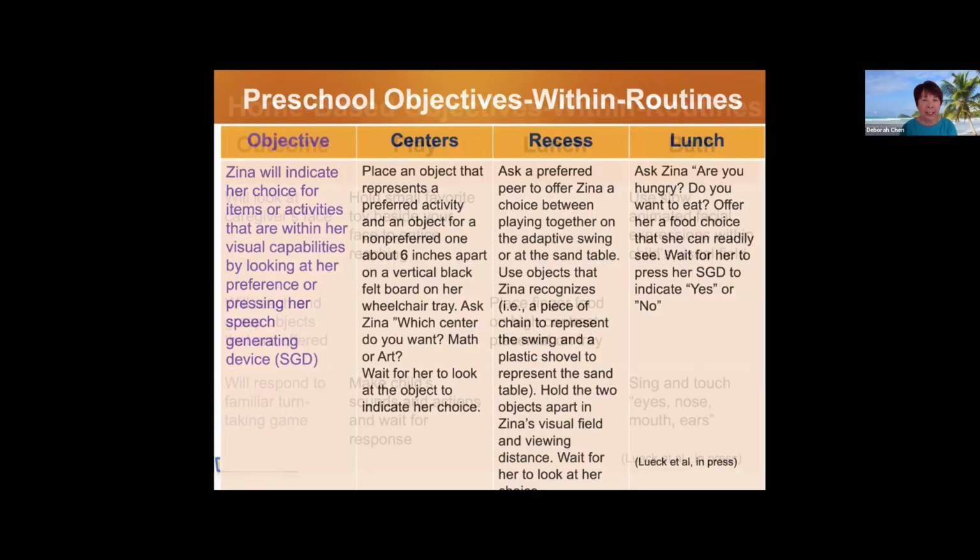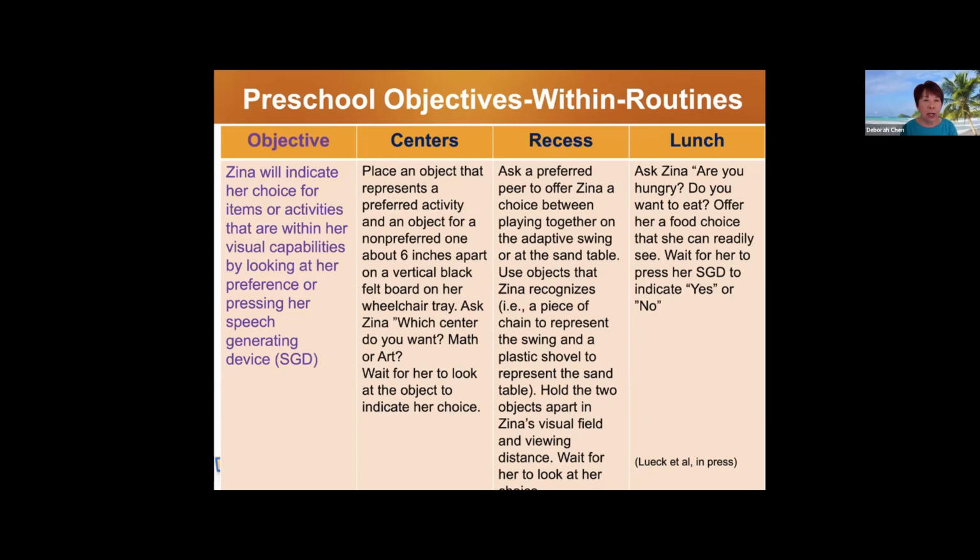In this next example, it's a 5-year-old child with cerebral palsy and CVI, and she is in a full inclusion Head Start program with typical peers.